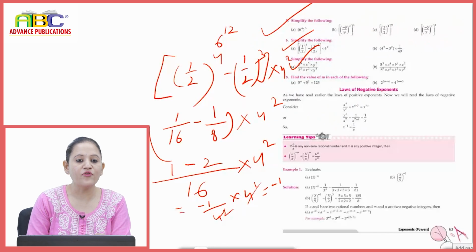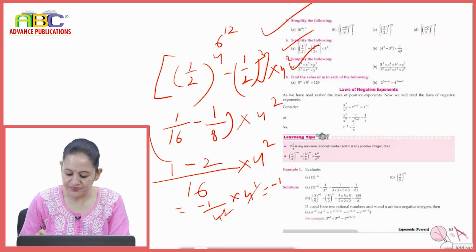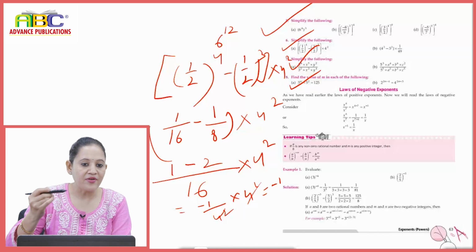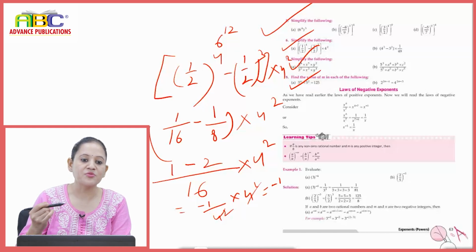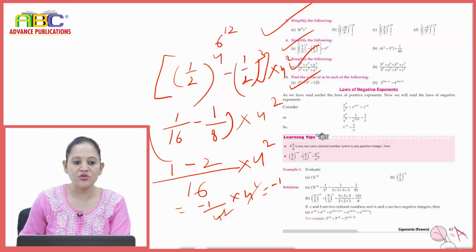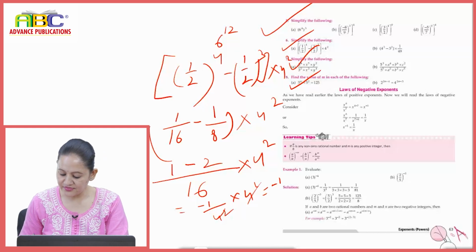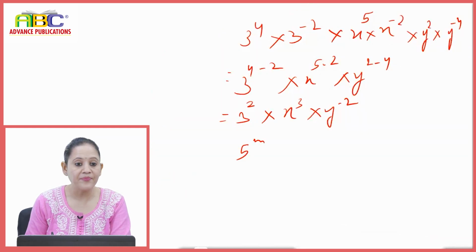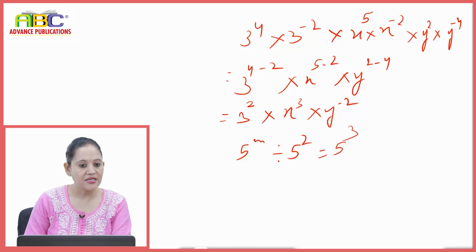Next, find the value of m in each of the following. We have to find the value of m. 5 is to power m divided by 5 is to power 2 equals to 125. We can write 125 as 5 is to power 3.